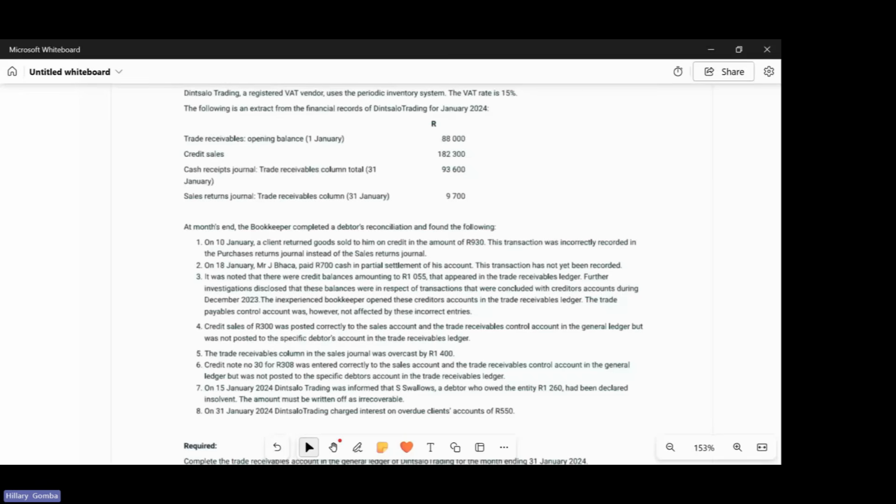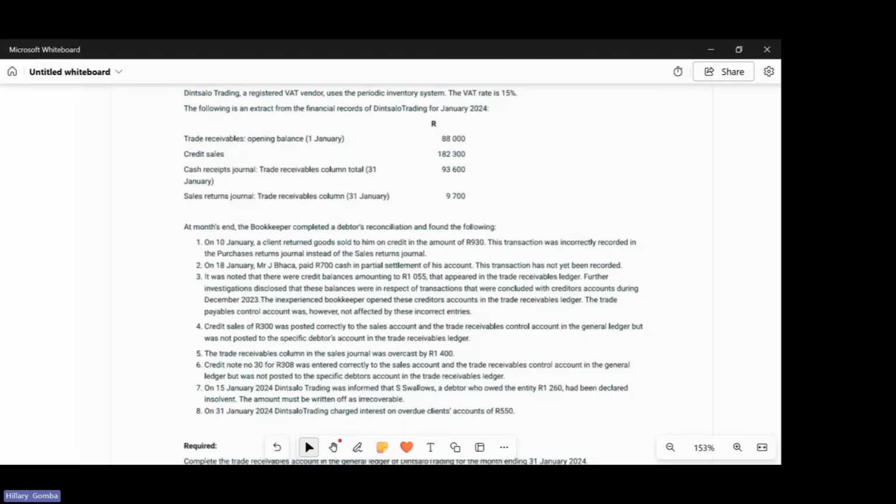The inexperienced bookkeeper opened these creditors' accounts in the trade receivables ledger. The trade payables control account was, however, not affected by these incorrect entries. Number 4 says credit sales of 300 Rand was posted correctly to the sales account and the trade receivables control account in the general ledger, but was not posted to the specific debtors account in the trade receivables ledger.